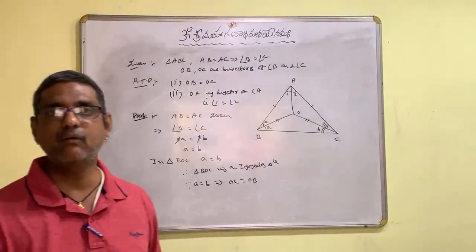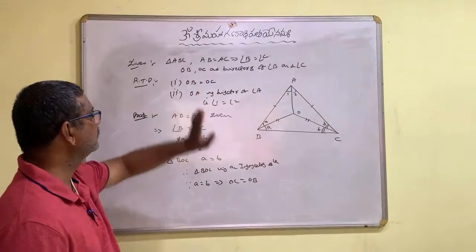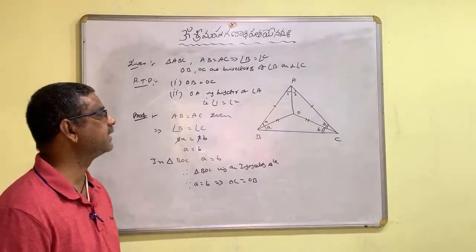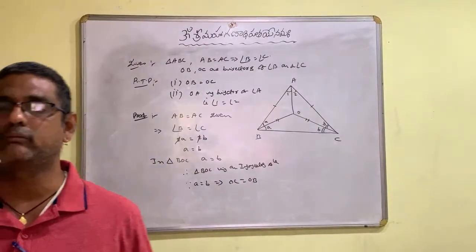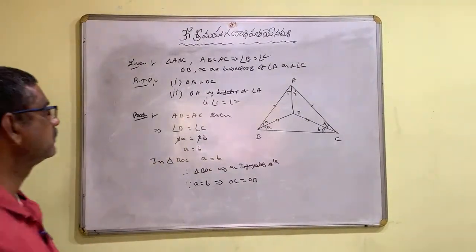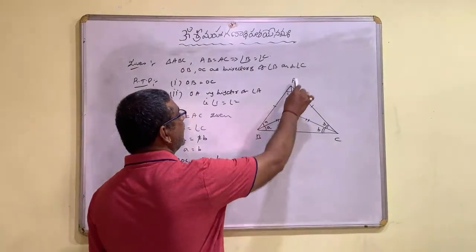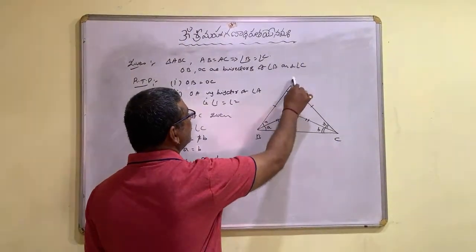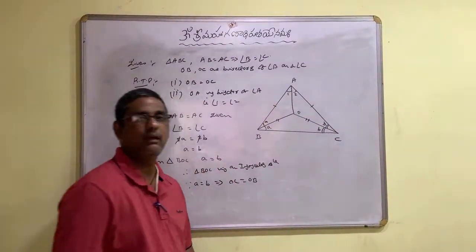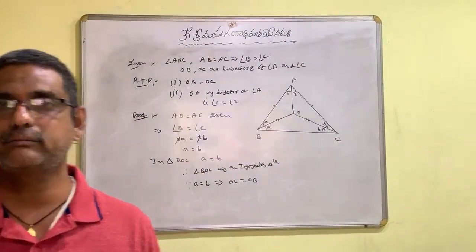Now, second one. OA is the bisector of angle A. That means I have to prove angle 1 is equal to angle 2. Now, angle 1 is in triangle AOB and angle 2 is in triangle AOC. Are they congruent, children?